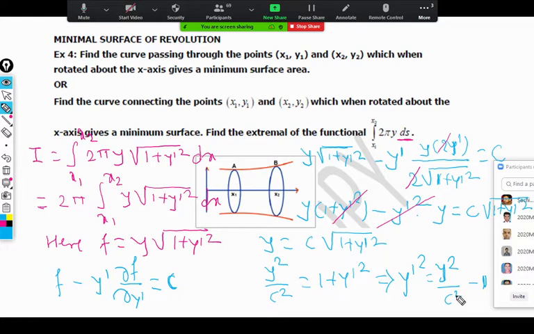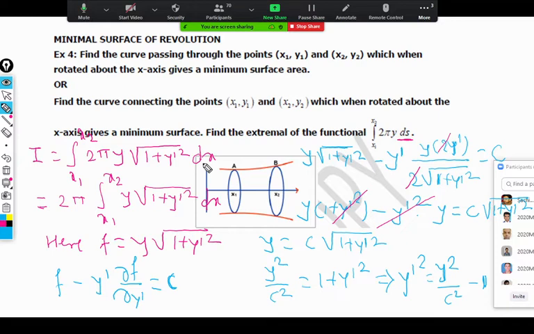Excuse me, sir, can you please explain the first equation? This equation, I is equal to... This is already given: 2 pi y and the ds value is written there. So this is the arc length value. ds is the root of 1 plus y dash square into dx. If you want the derivation, it is already explained, because this is the formula for the surface area of revolution.